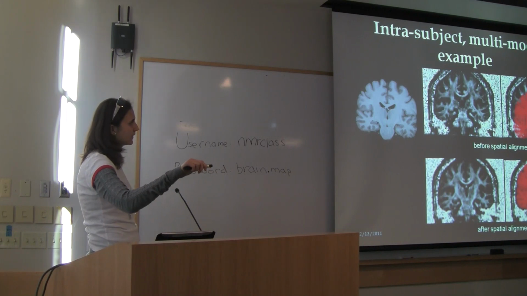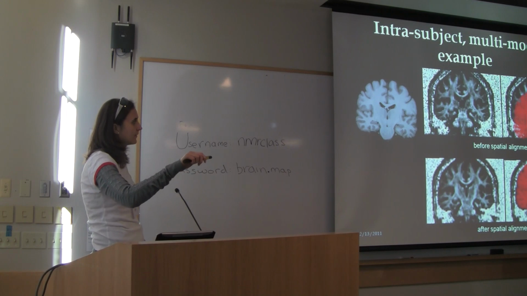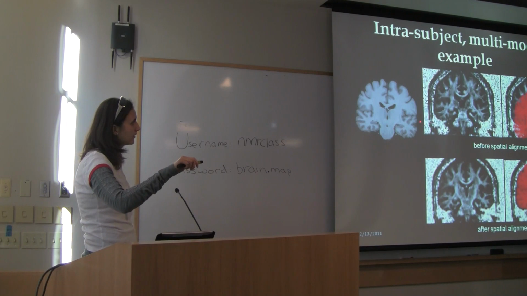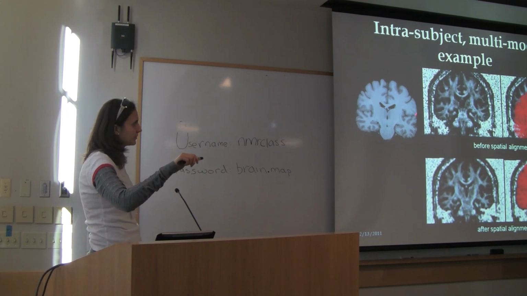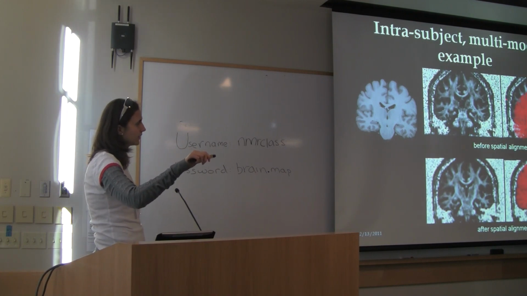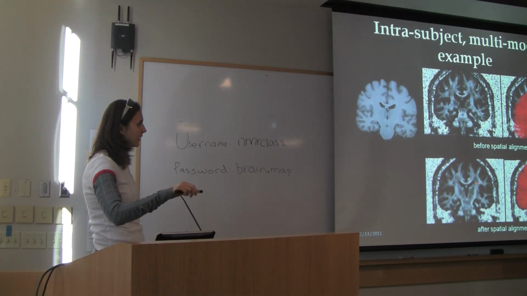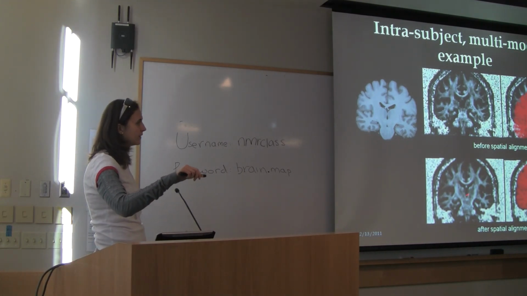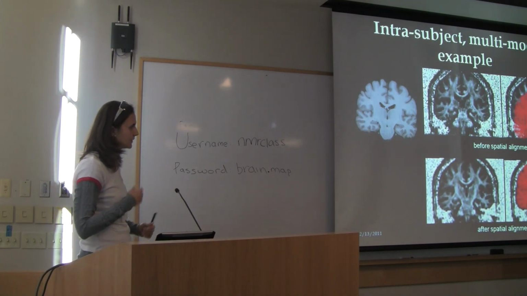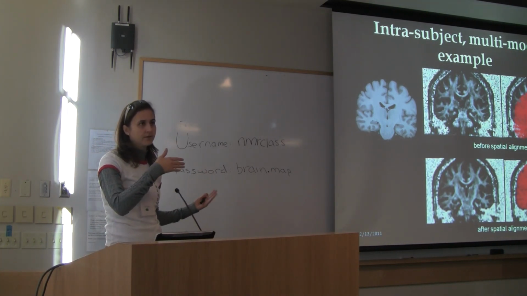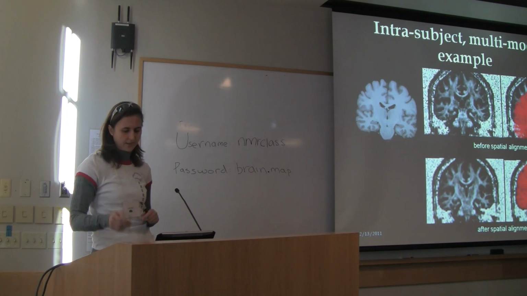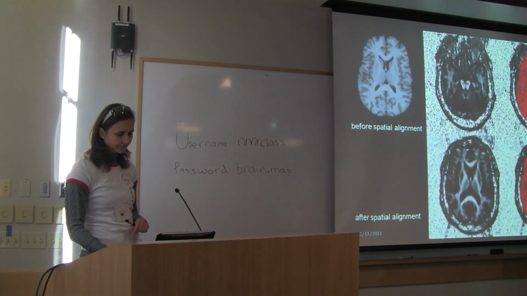Here, the red color, I'm just using a different color map for the structural image, just to indicate the displacement or the mismatch between your input data sets. So if I were to use any measurement taken from my structural data and try to use it without spatial alignment, you see that I would be comparing nonsensical areas. However, after you do the alignment, you know that there is spatial correspondence between your data sets, so you can just refer from one spatial coordinate system to another, and you have the right correspondence.